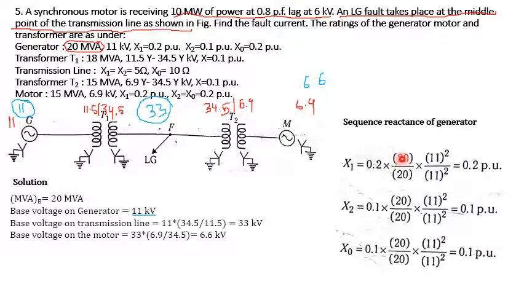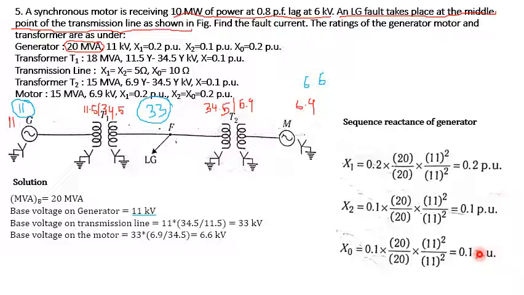We are not writing this out, directly substitute the values. Do not spend your time substituting, because the old value and new value for the generator are the same: the old value is 20 and the new value is also 20, and the voltage is also 11 by 11. So you'll get 0.2 for X1, and for X2 we'll get 0.1, and X0 we'll get 0.1.